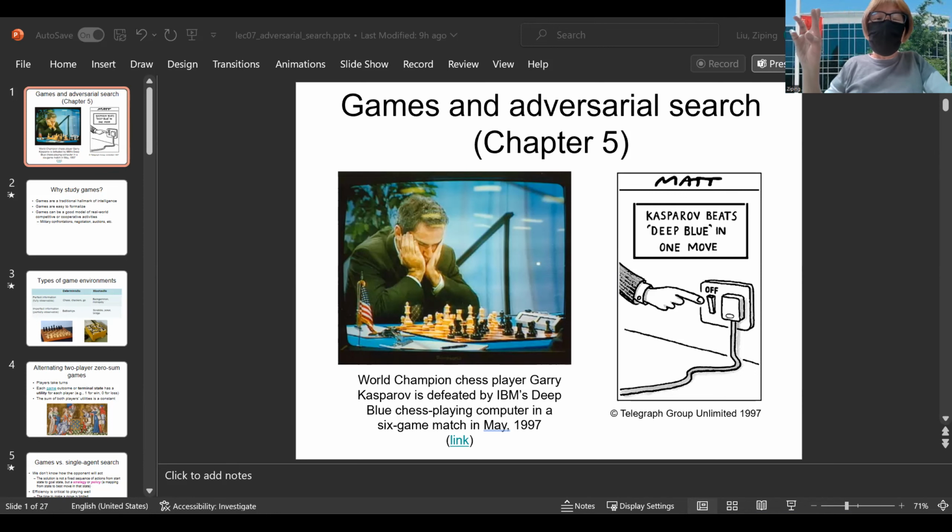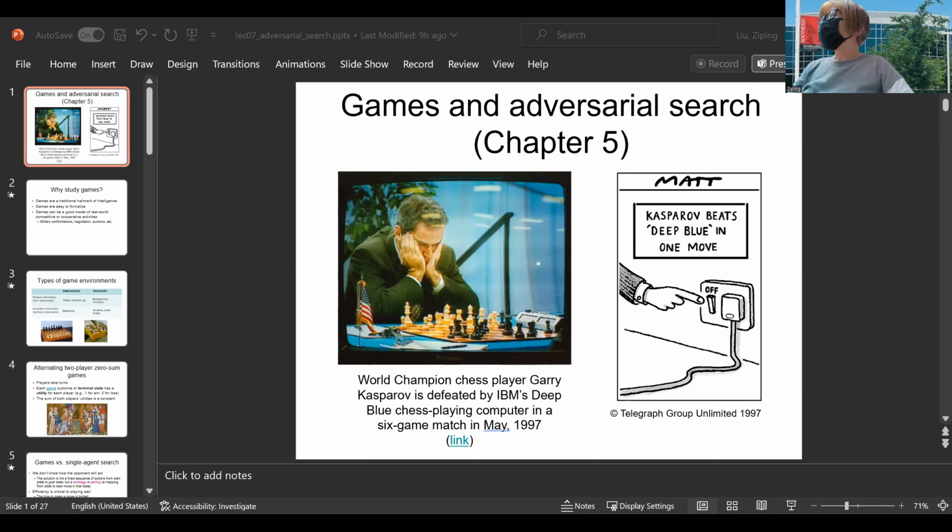Two-player means players taking turns. I move on my turn, next your turn, and then my turn and then your turn. So that's alternating. And each game outcome, or in AI we say terminal state, has some utility for each player, kind of your score.